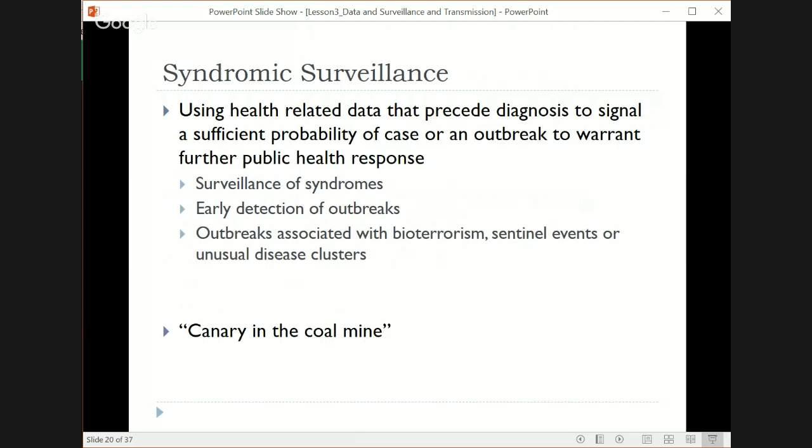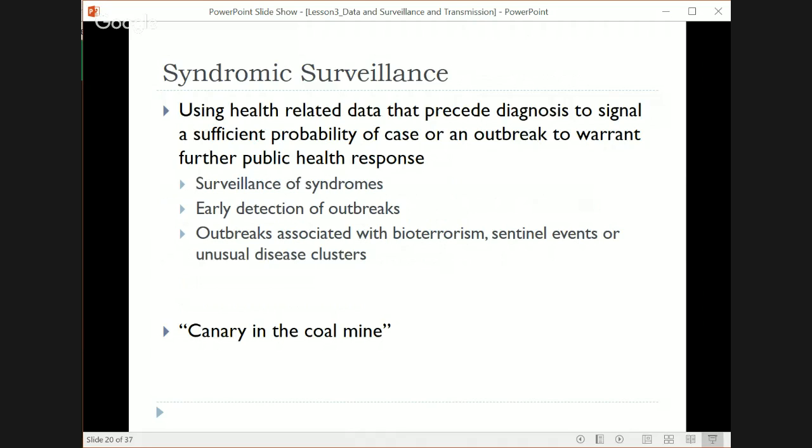Now, syndromic surveillance uses health-related data that precedes a diagnosis to signal a sufficient probability of a case later occurring or an outbreak, in order to warrant further public health response. And we do syndromic surveillance for syndromes.